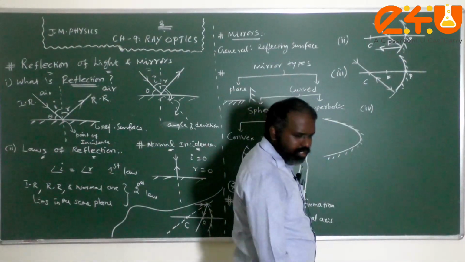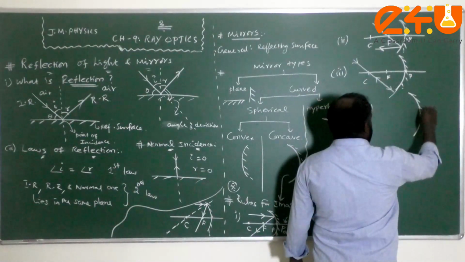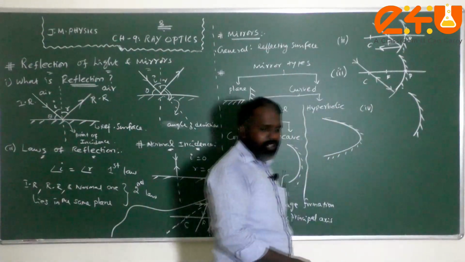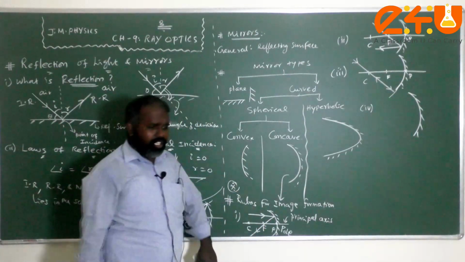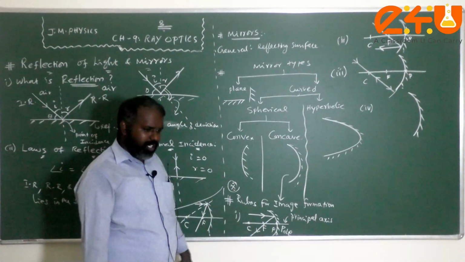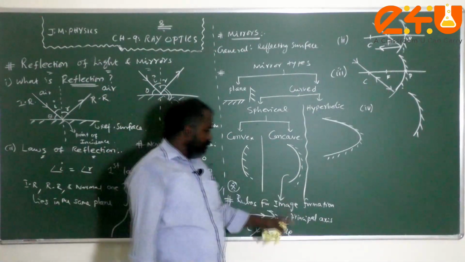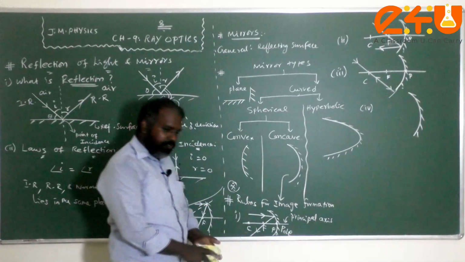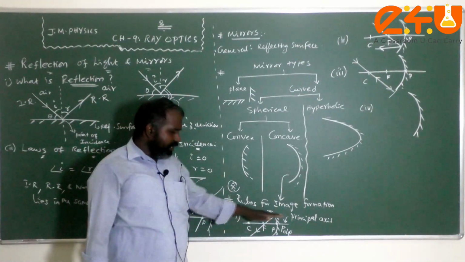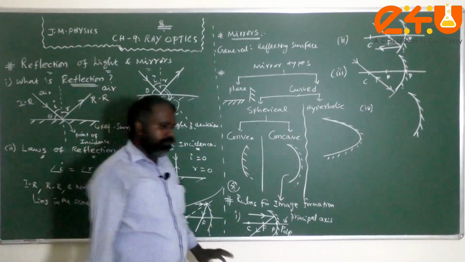The fourth one: you just consider that all these first three rules are valid or applicable for lenses also. So I will very briefly explain this since you are watching this video. The first rule, what is the first rule, children? If the incident ray is parallel to the principal axis, after reflection it passes through the principal focus.